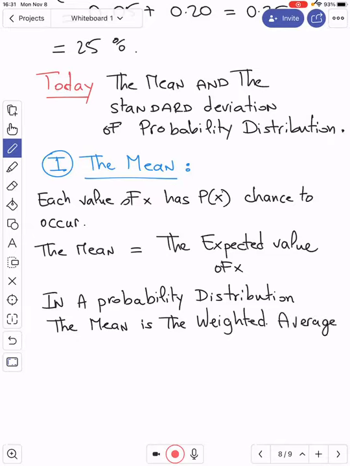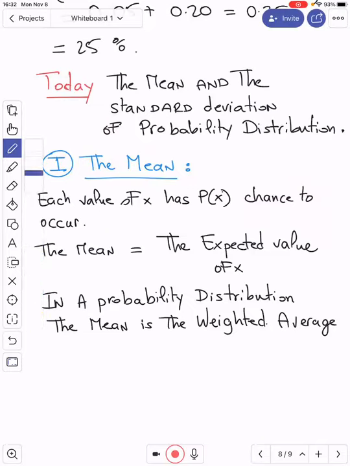Okay. Now, what's the formula for the mean? This is exactly the same formula as for the weighted average. Remember, guys, we discussed the weighted average when we computed different kinds of means. The weighted average was X times the weight of X. So here for the mean, it's the same thing.